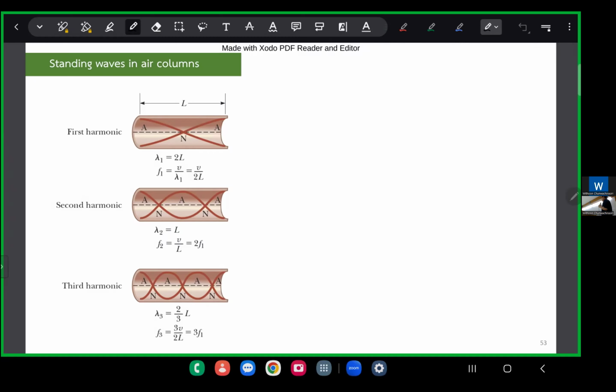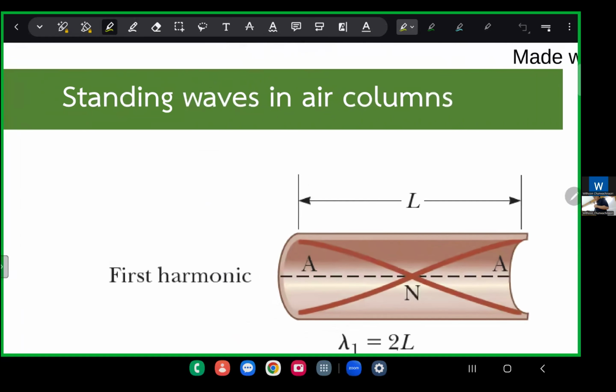All right, so let's dive into our material today first. We have one more thing that we would like to discuss related to the interference of sound, and this is called a standing wave. You will probably notice that there are only 3-4 slides on this topic.